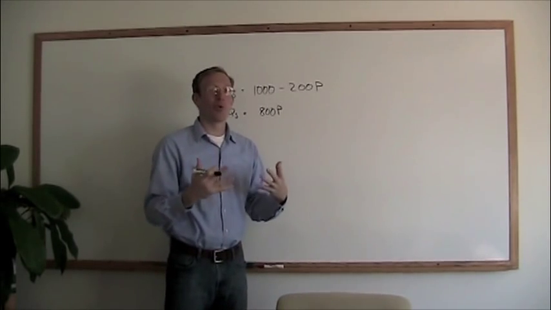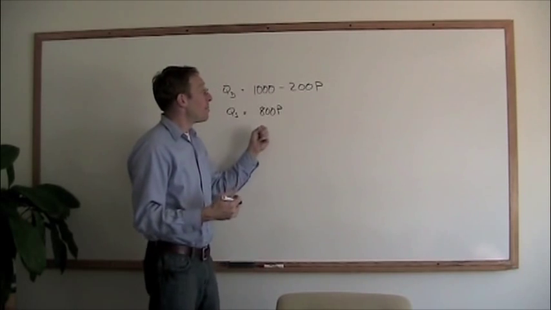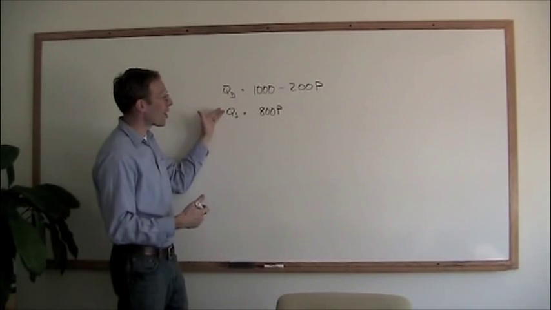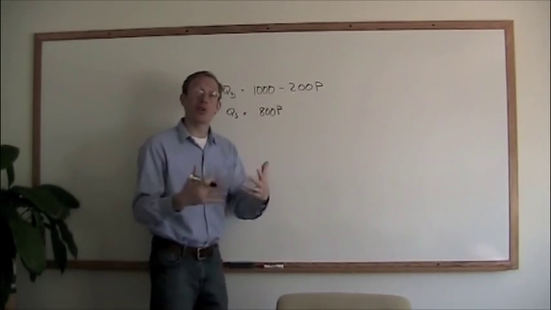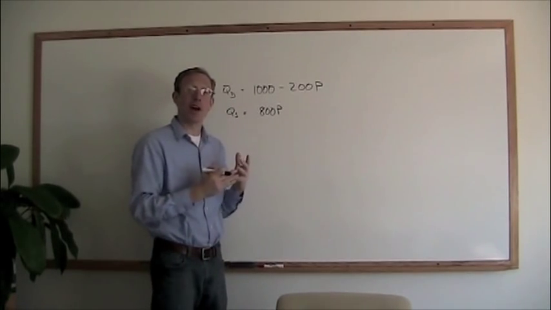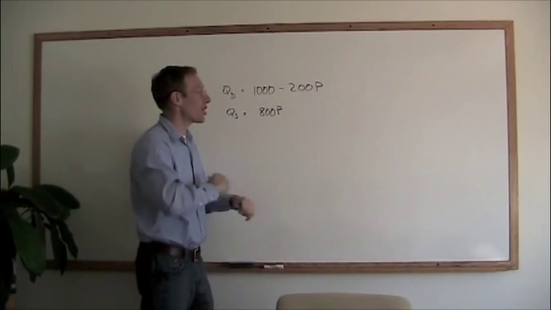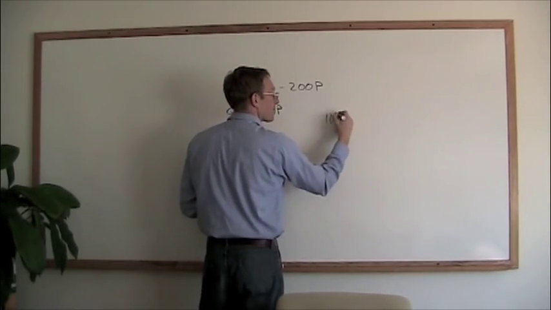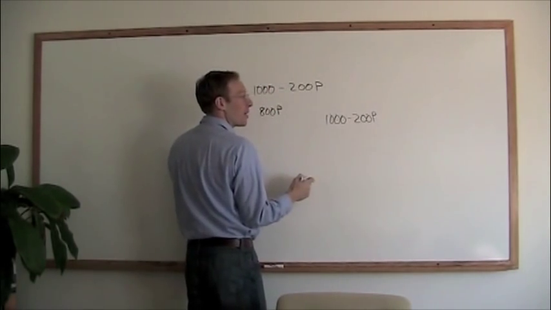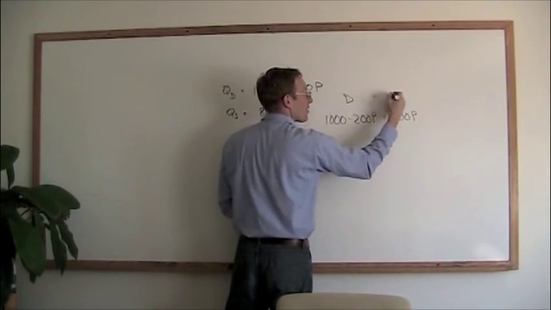Well, that's a pretty simple algebraic problem that we now have. Because in equilibrium, remember that the quantity demanded up here and the quantity supplied here are going to be equal to each other. So we just assume that these two quantity values are the same, and we set these two equations equal to each other like this. So the demand, 1,000 minus 200p, is going to be equal to 800p, which is the supply.